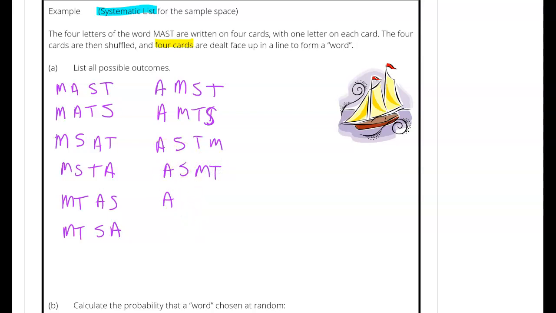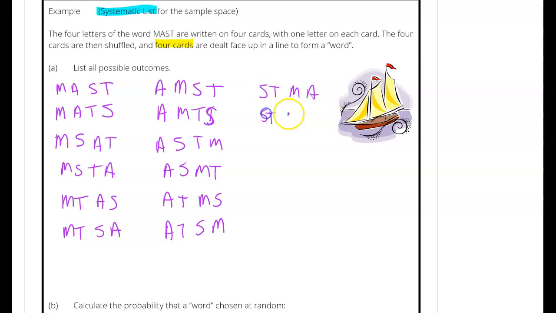And then next letter, A-T, M-S-A-T-S-M. So you might actually notice a pattern here. There are 6 words that start with M. There are 6 words that start with A. How many do you reckon there's going to be that start with S? The same amount. Same number.